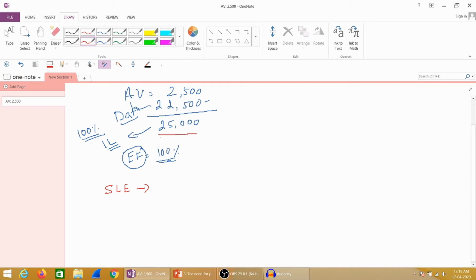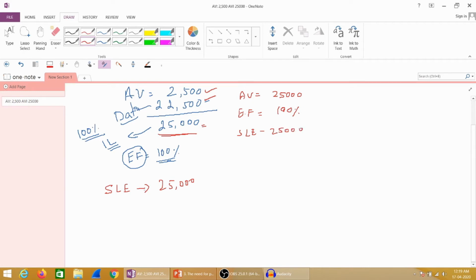If the laptop is stolen, that means you lost the hardware, you lost the data also. That means your single loss will be 25,000 rupees. So SLE is 25,000. So asset value is 25,000 rupees and exposure factor is 100%. And SLE, single loss of expectancy, is 25,000.